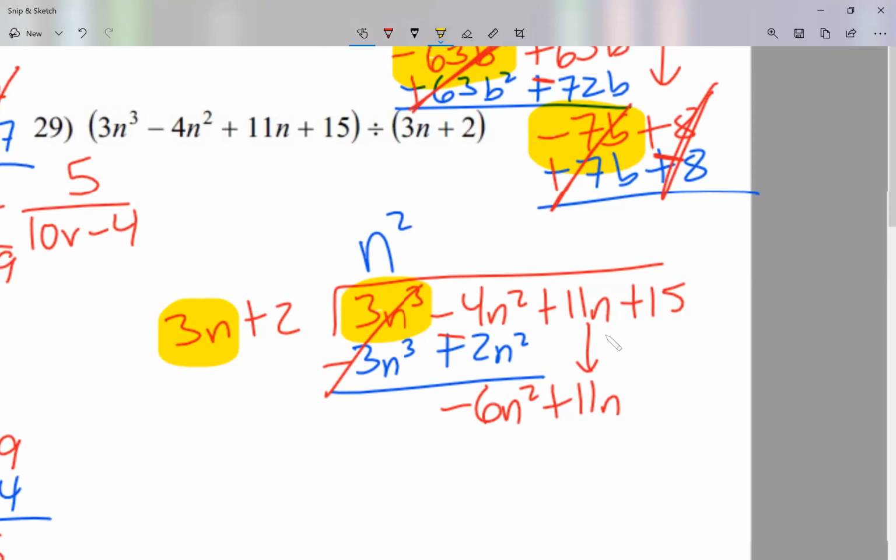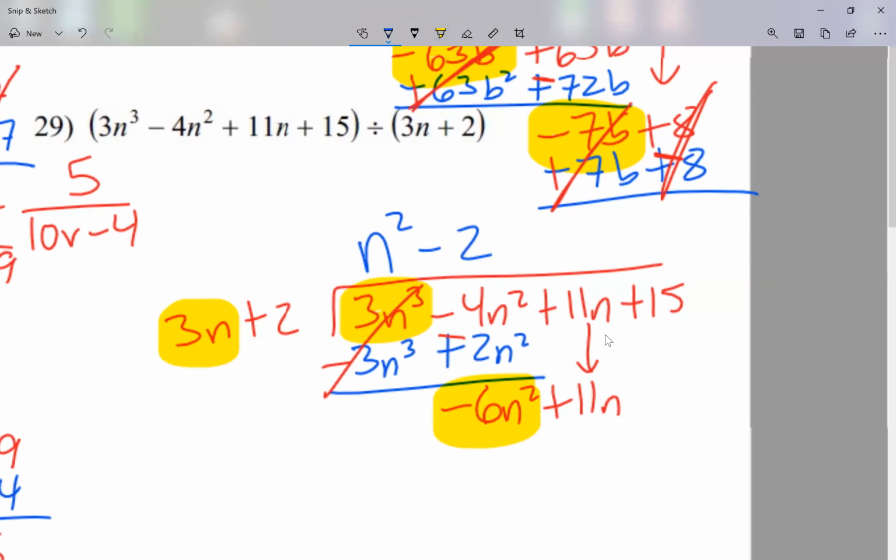All right, so I have to multiply 3n to make it negative 6n squared. Number-wise, for 3 to become a negative 6, I have to multiply this by a negative 2. Right, 3 times a negative 2 will become a negative 6. And then n, because n times n will give me n squared.